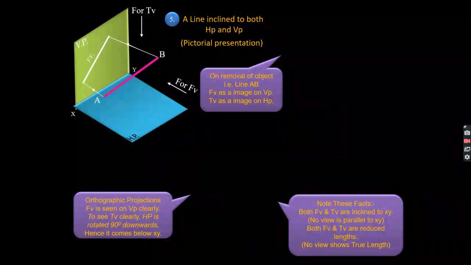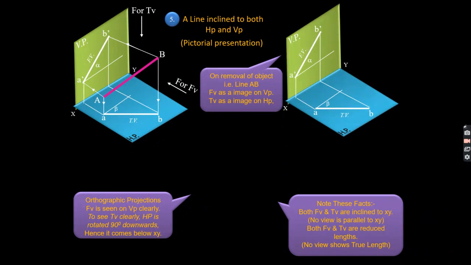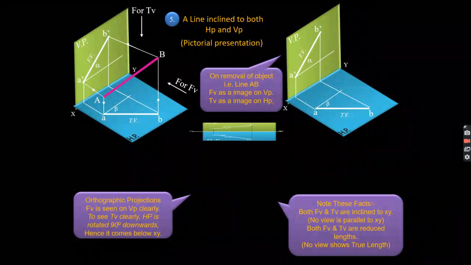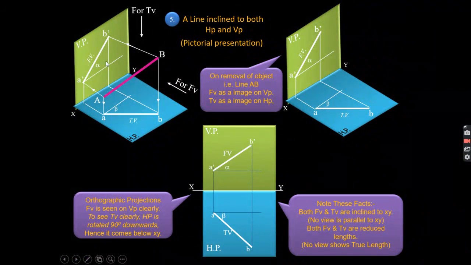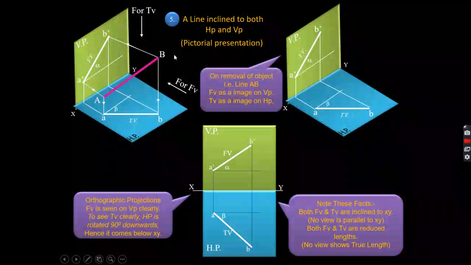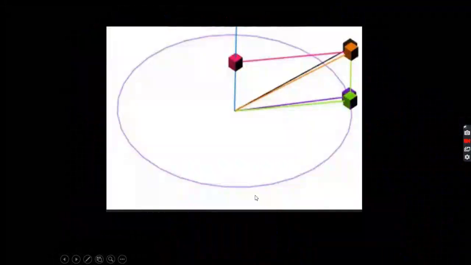It will be less than the length of the line AB. So after getting the projection, we will see in the next slide how we will draw the projection of line AB if this kind of situation is given to you. This is your final answer.